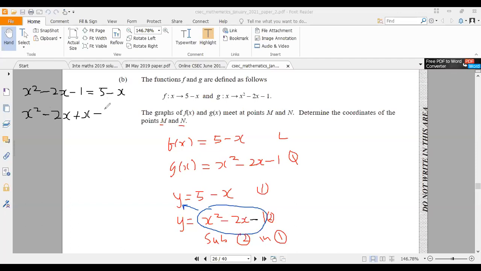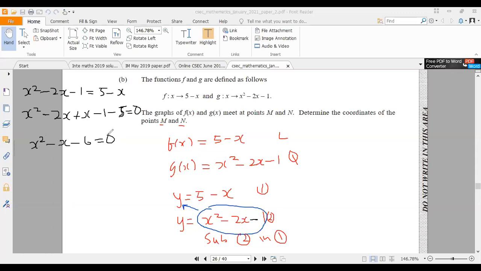Minus 1, minus 5. Everything equal to 0. Right? So this gives me x squared minus x minus 6 is equal to 0.